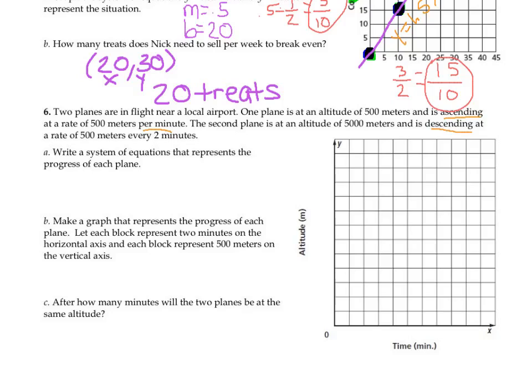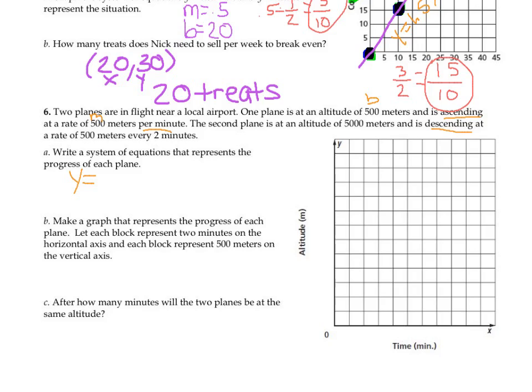So we're going to start by reading our sentences again. So the first sentence that will help us is that one plane is at an altitude of 500 meters and is ascending at a rate of 500 meters per minute. So we know it's going to be y equals, and since the plane is at an altitude of 500 meters, that is going to be our b. And since the plane is ascending at a rate of 500 meters per minute, the per in that part tells us that this other 500 is our rate, so that's our m.